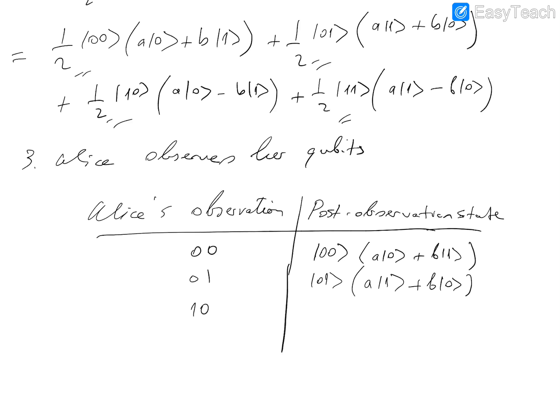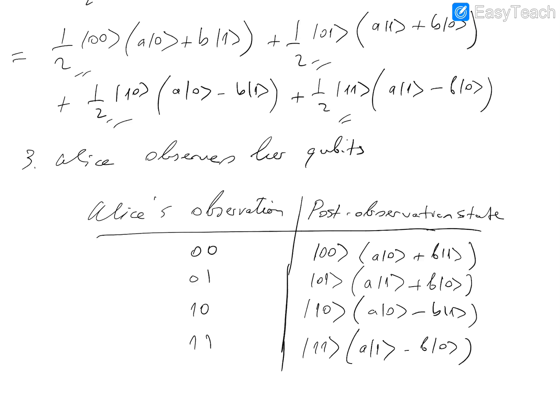If Alice observes 1, 0, new state will be 1, 0, a0 minus b1. Finally, if Alice observes 1, 1, then we have 1, 1, a1 minus b0. Okay, so the first 2 qubits again belong to Alice, and the third qubit belongs to Bob.